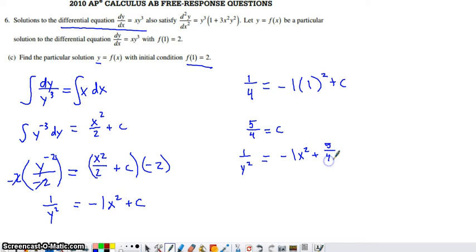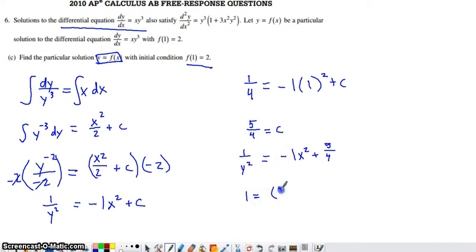Now I still don't know what y equals. It says to find the particular solution y equals some function of x. So we do still have to do a few more things to solve this entirely for y. We need to get the y out of the denominator if we're going to solve for it. So if you multiply both sides of the equation by y squared, you'd be looking at 1 equals everything that we have here.